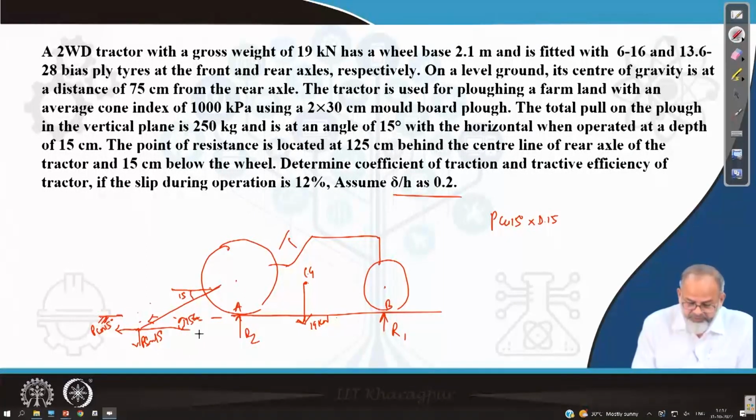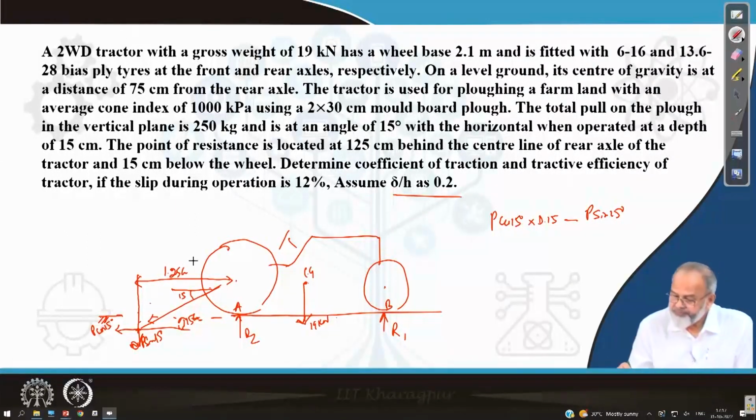This is positive, and then P sin 15, this is acting downward, so this is negative, minus P sin 15, and this is at a distance from the center of the rear axle given as 125 centimeter, so into 1.25. Then W is again positive.